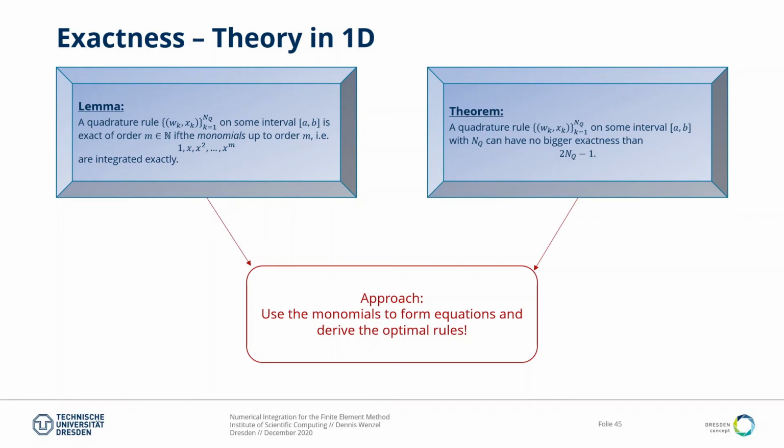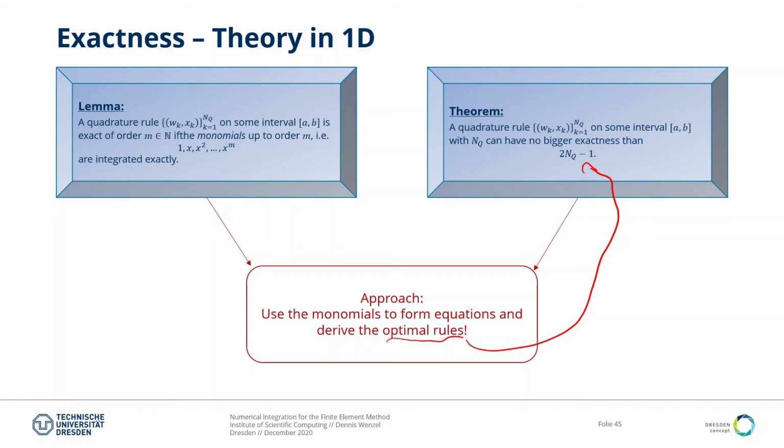We want to construct optimal quadrature rules. So we want to construct quadrature rules that for a certain number of points and weights give us this maximum exactness. That's what optimality means in this case. So for a certain number of points we want the biggest possible exactness.